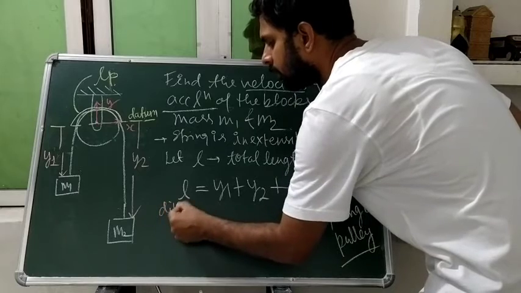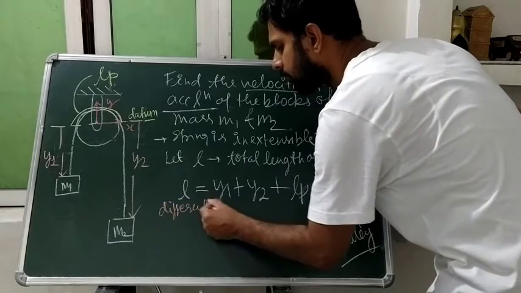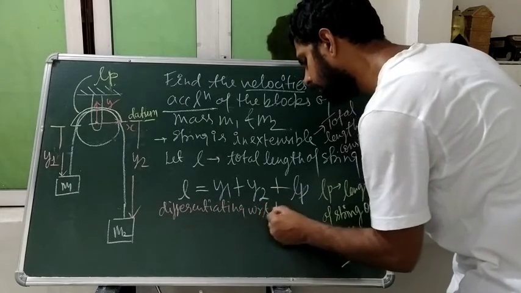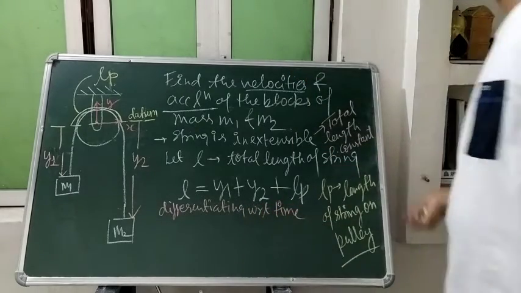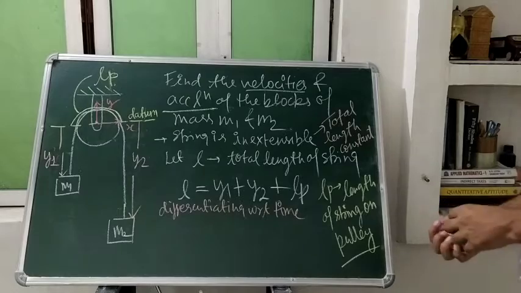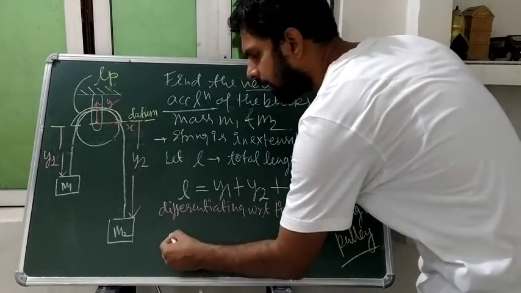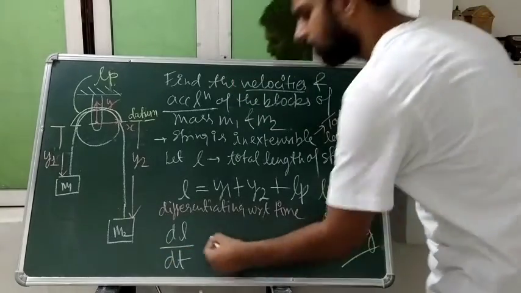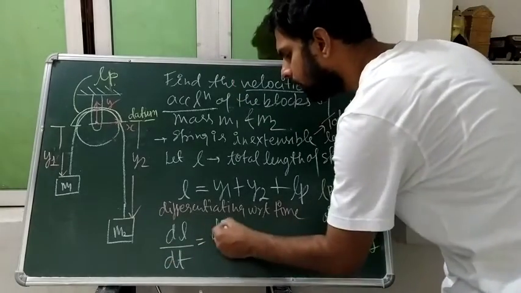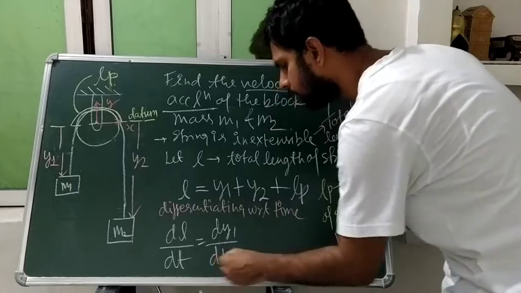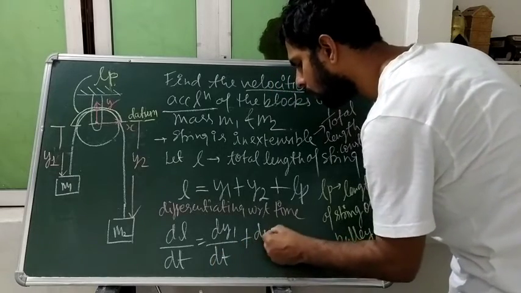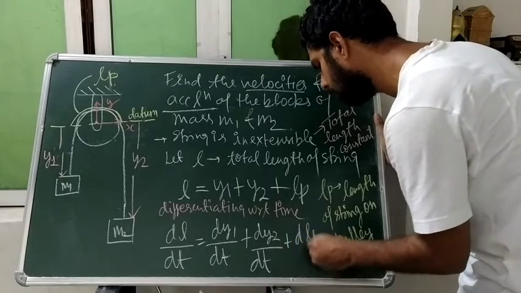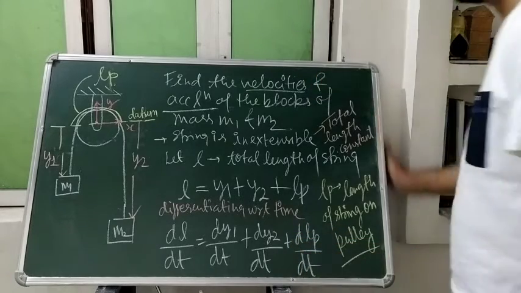Differentiating with respect to time. When you differentiate it with respect to the time, dL upon dt will become what? dy1 upon dt plus dy2 upon dt plus dLP upon dt.